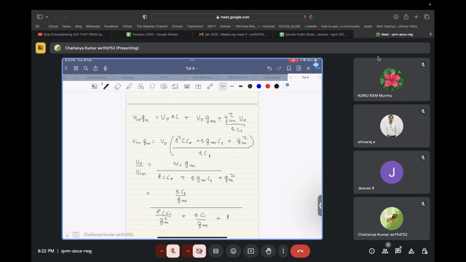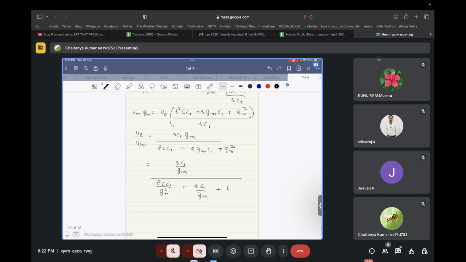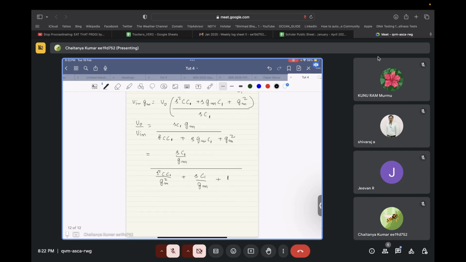Okay. Now this is again our band pass filter, right? At very low frequencies, S will become 0.